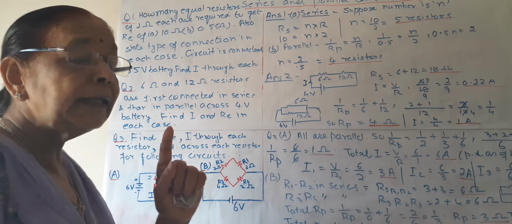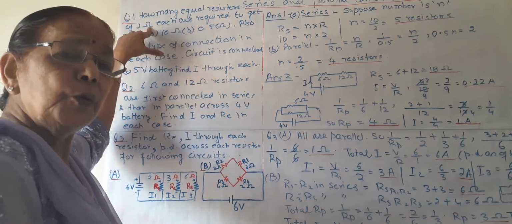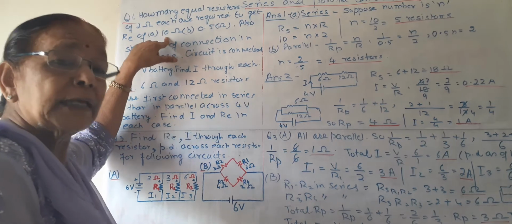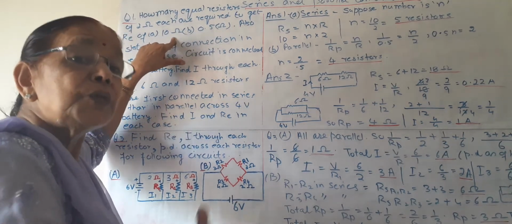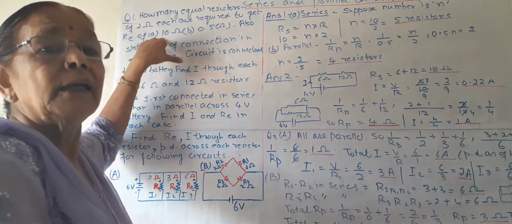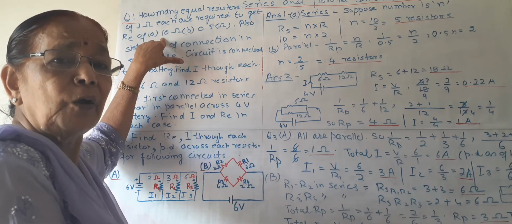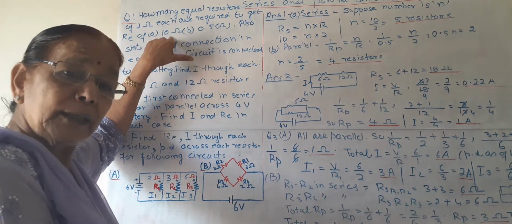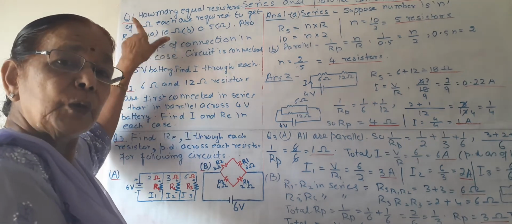One thing again I want to tell you. One resistor is 2 ohm. The total it is given is 10. When the total resistance is more than the individual resistor, then the combination is always in series. Are you following this? This is the total resistance, this is the individual resistance. 10 is more than 2.